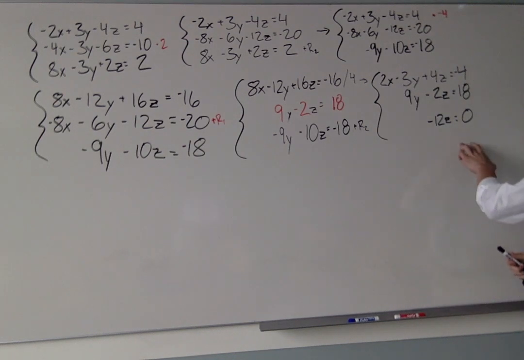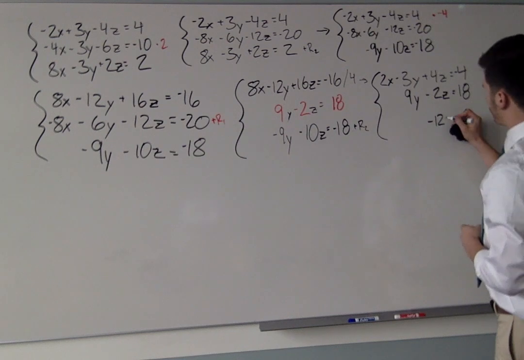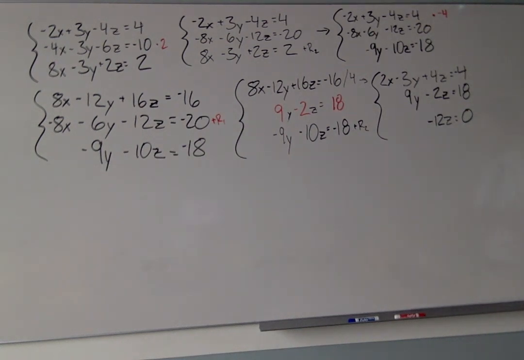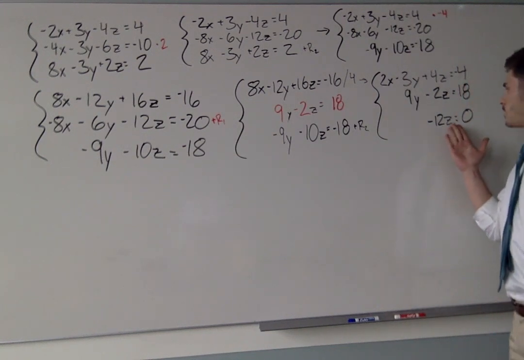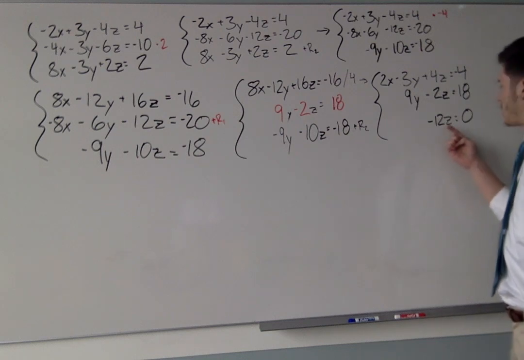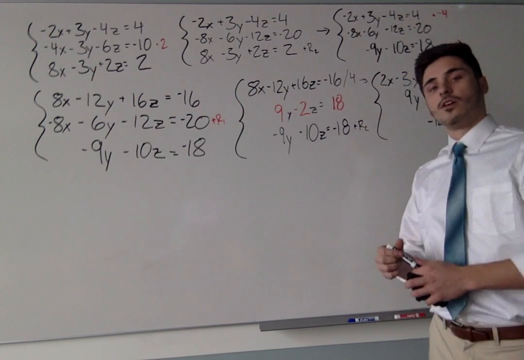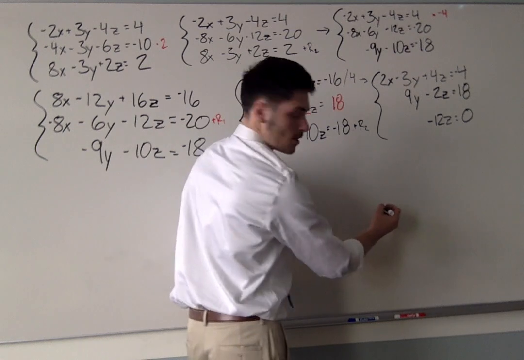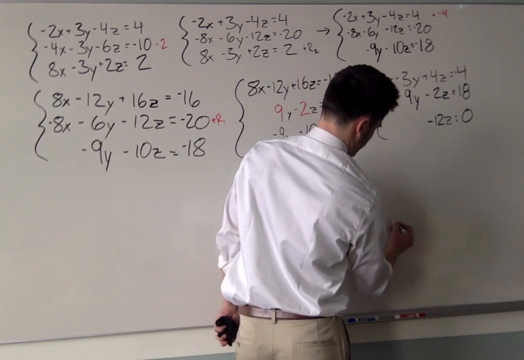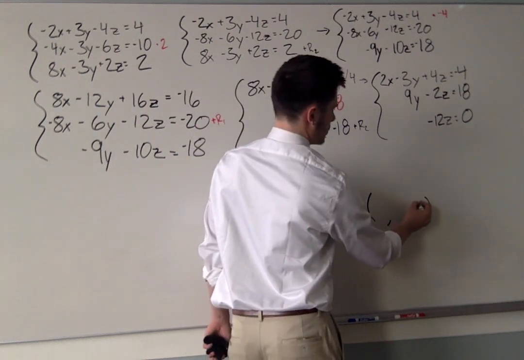So once we're here, we can easily solve for z. We can easily solve for z because 0 divided by negative 12 is obviously 0. There's no other number where negative 12 times that number is 0. So I'll write it down here in our little solution box. We know that z is going to be 0.